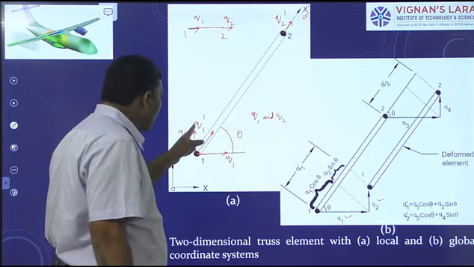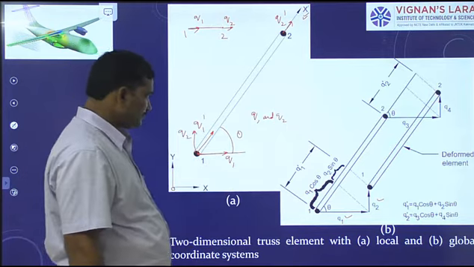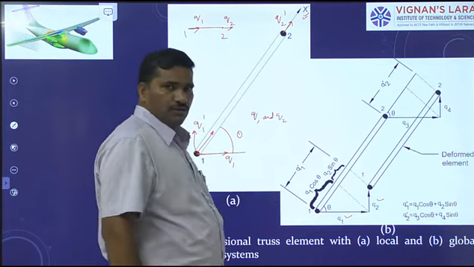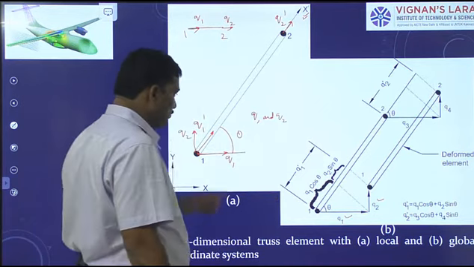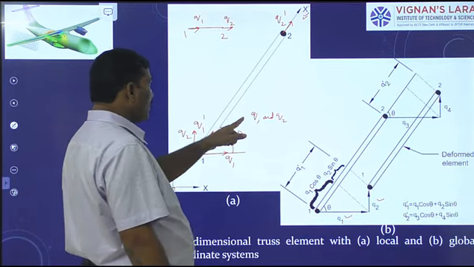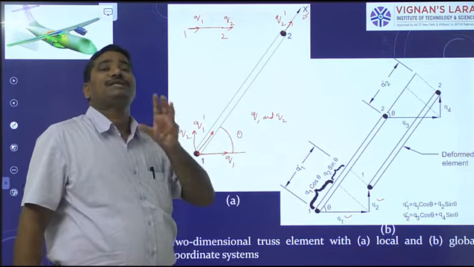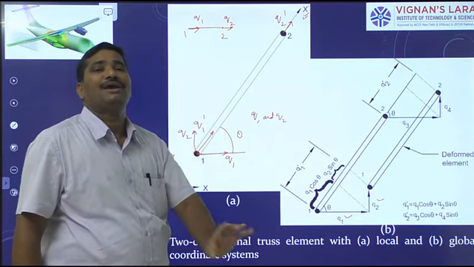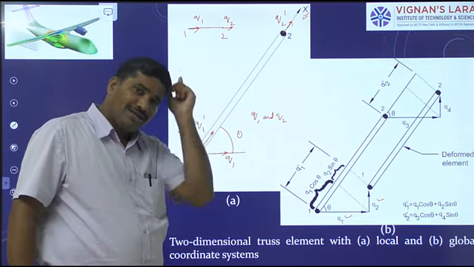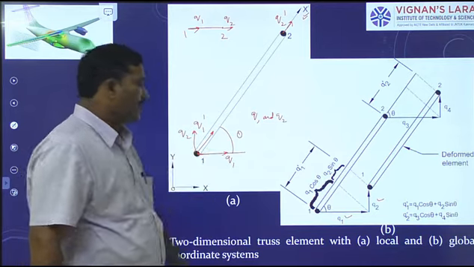That I call Q1 dash. How do we determine Q1 dash? Here Q1 dash is the resultant of displacements Q1 and Q2. Displacement is a vector, not a scalar, therefore you have to consider direction also in addition to magnitude.